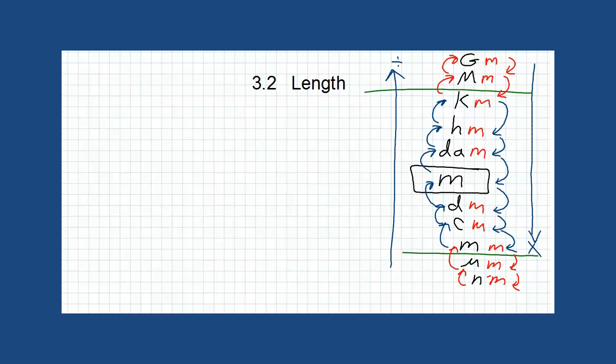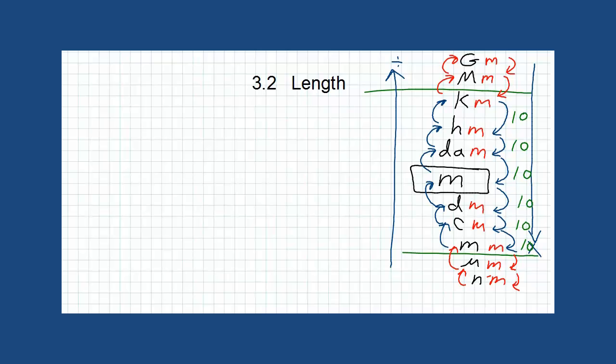To change between any units between these two green lines, every step we will use the factor 10. For example, if you want to change from kilometer to hectometer, you need to multiply by 10. To change from hectometer to decameter, you will multiply by 10. To change from decameter to meter, you need to multiply by 10, and so on.